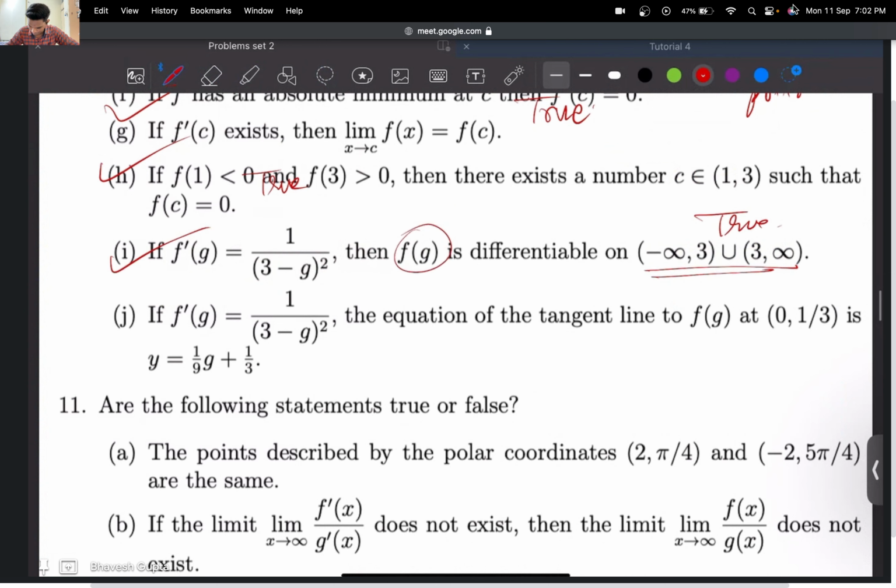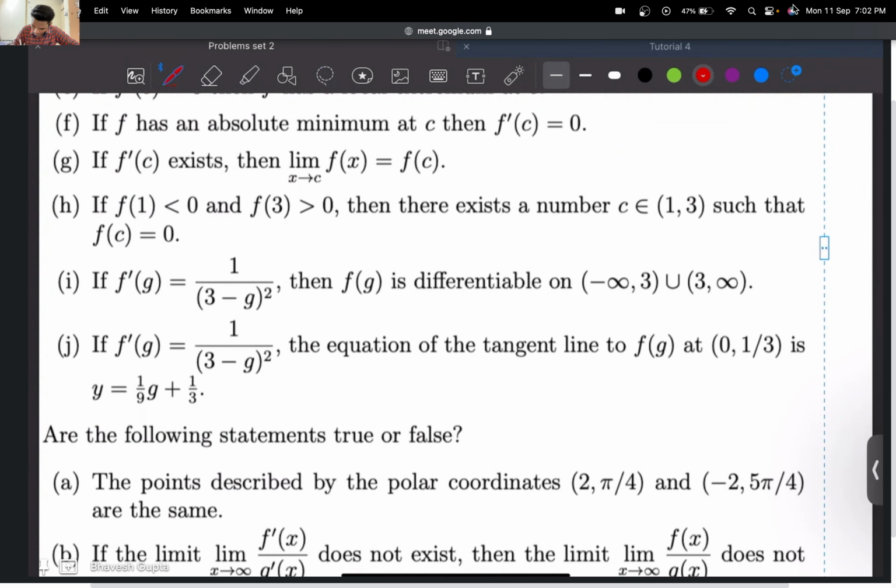A similar question is over here, where they have asked what the equation of the tangent is at this point.